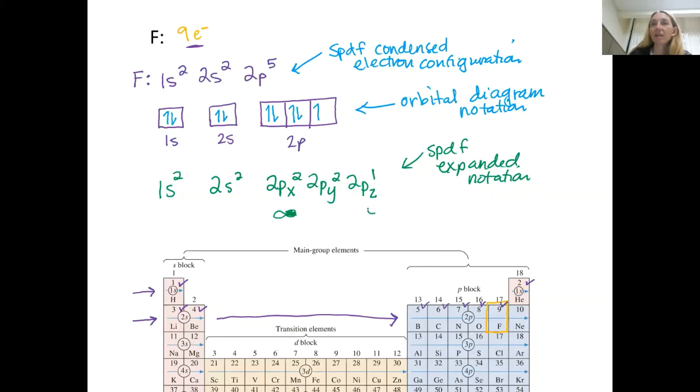The pz is that shape along the z-axis. There's no other boxes with p. With p, you can only have those 3 boxes because you can only have 6 electrons. And once those are full, then you have to move on to the next energy level or the next orbital.